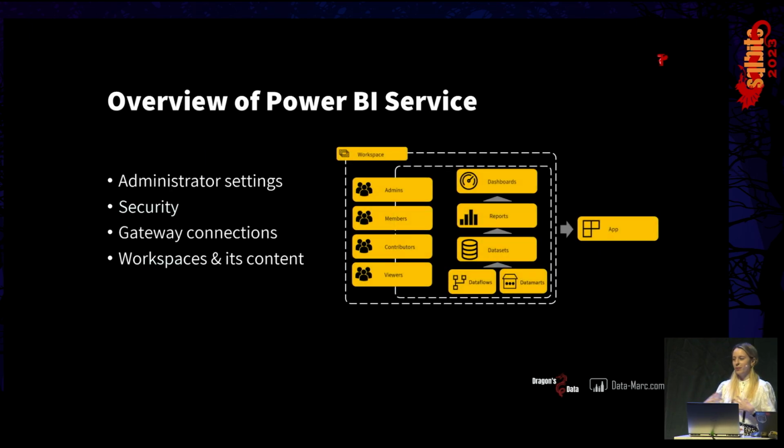So overview of Power BI service. Probably all of you already know that. So we have a lot of stuff there. So we have administration, security, gateways, workspaces, contents, apps, and all other nice things there.